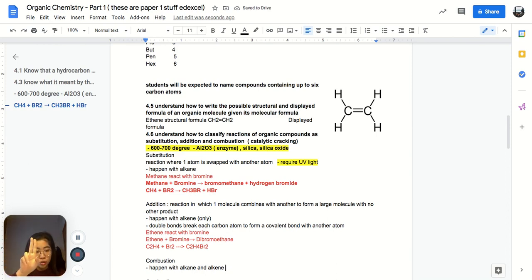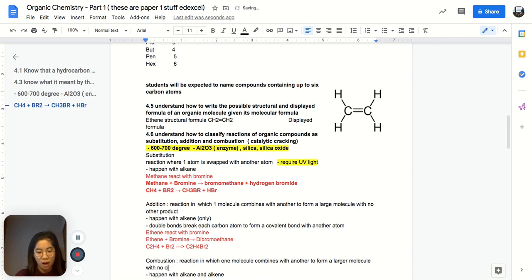And there are two different combustions that could happen. It's basically a reaction in which one molecule combines with another to form a larger molecule with no other product. You don't have to know the definition.